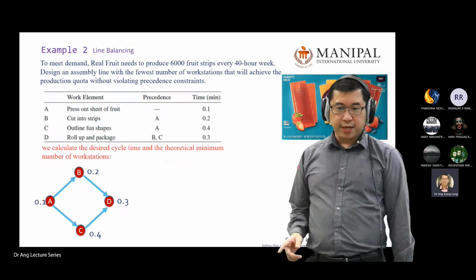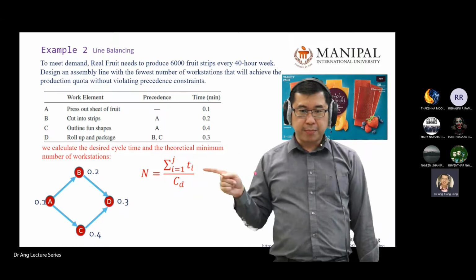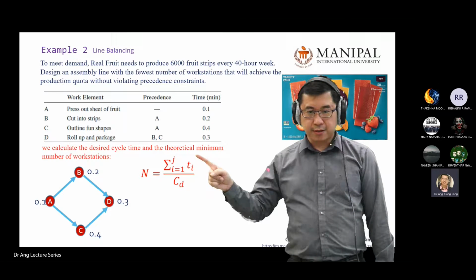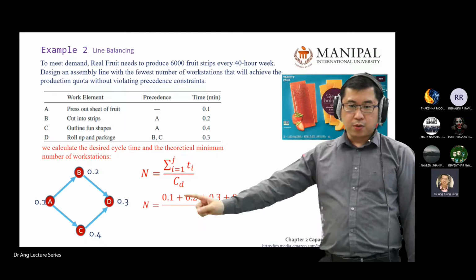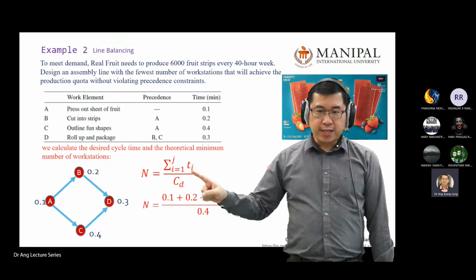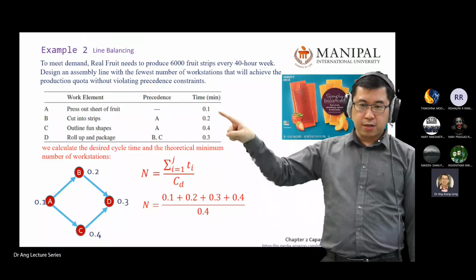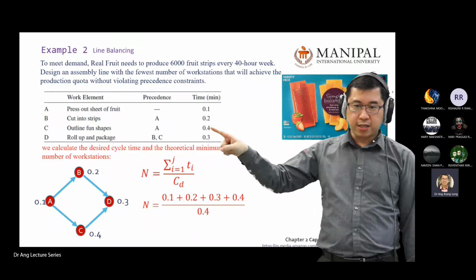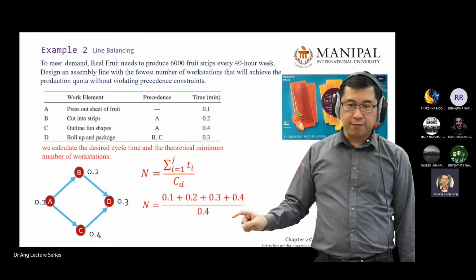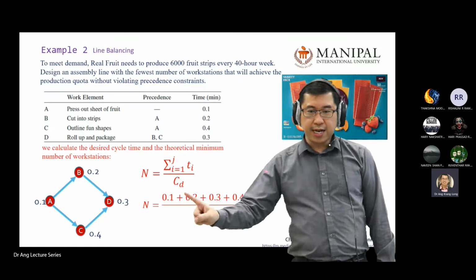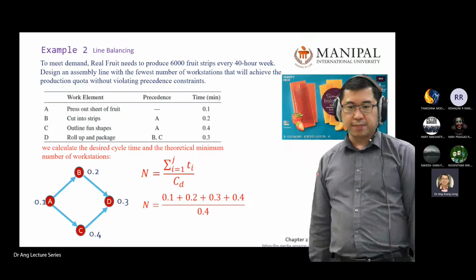The next one, you also need to calculate the number of stations, with the formula I explained just now. So how to find the total time? You have 4 stations, right? You take this one, add this one, add this one, add this one, divided by desired cycle time.